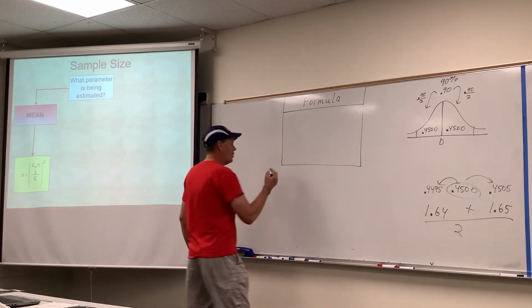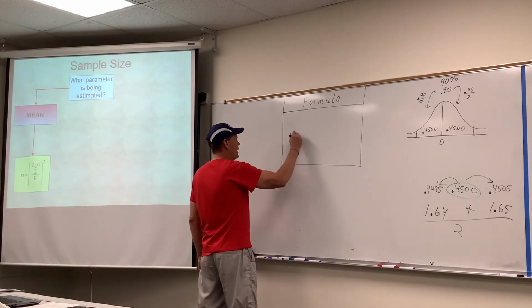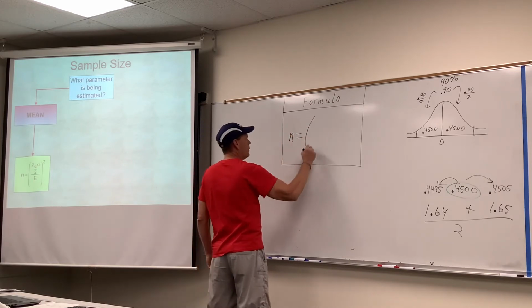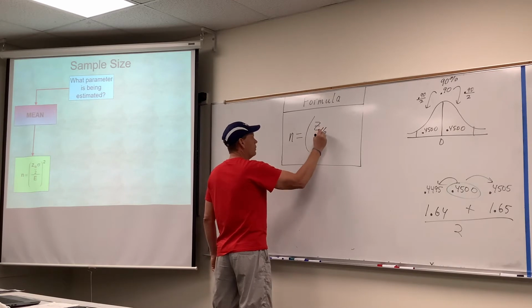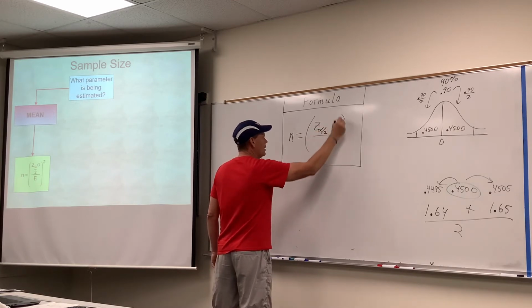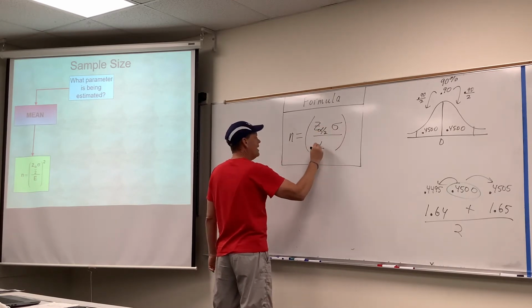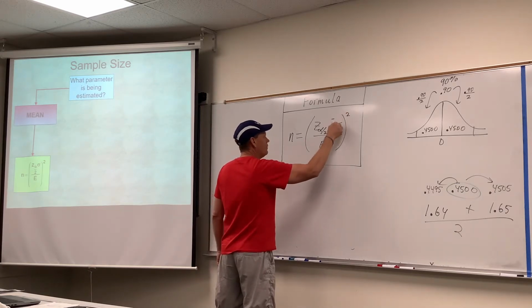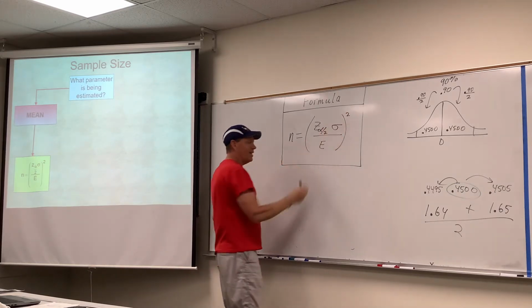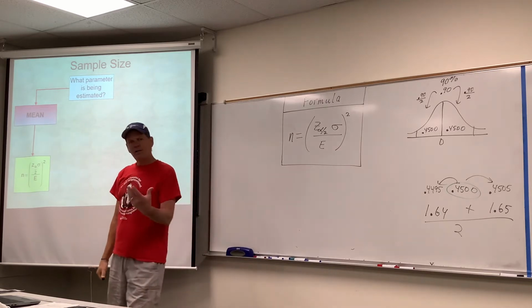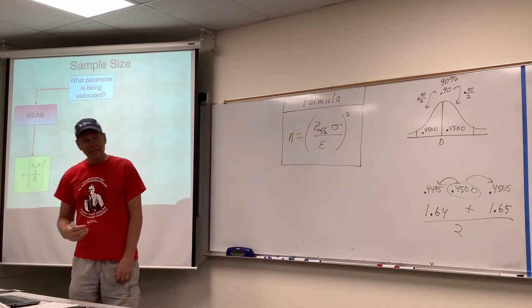So there we are. That's all we need to do on this one. N equals, and so forth. Z alpha over 2 sigma. We'll get into the details, but again, in my experience, identifying the proper formula is the key. So, how large of a sample? And you're estimating a mean.